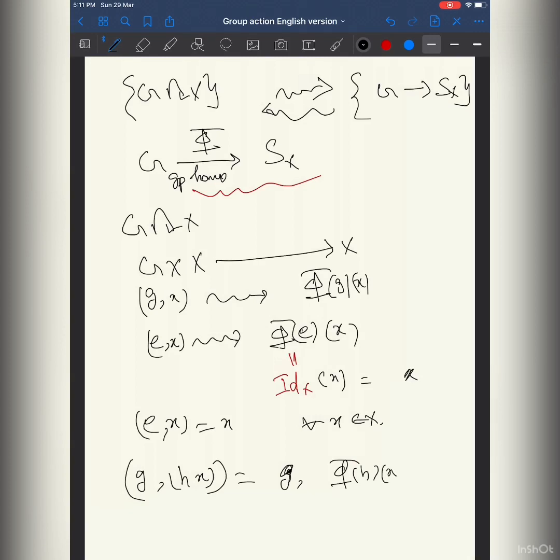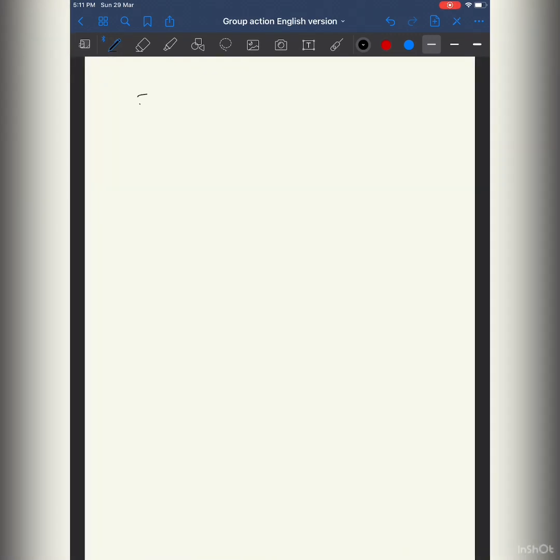Phi G of phi H on X is phi G composite phi H on X. So that is equal to phi GH, because this is a homomorphism. So both conditions are satisfied. So this is indeed a group action.